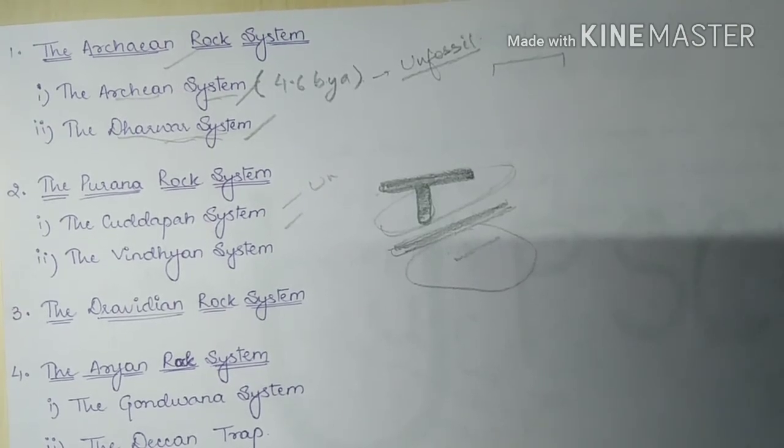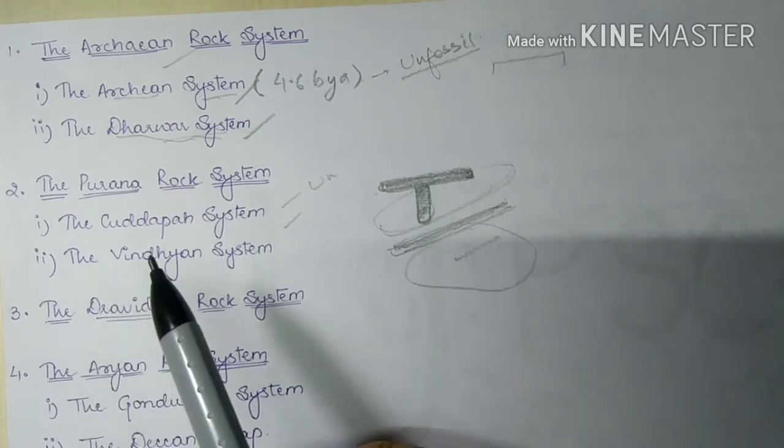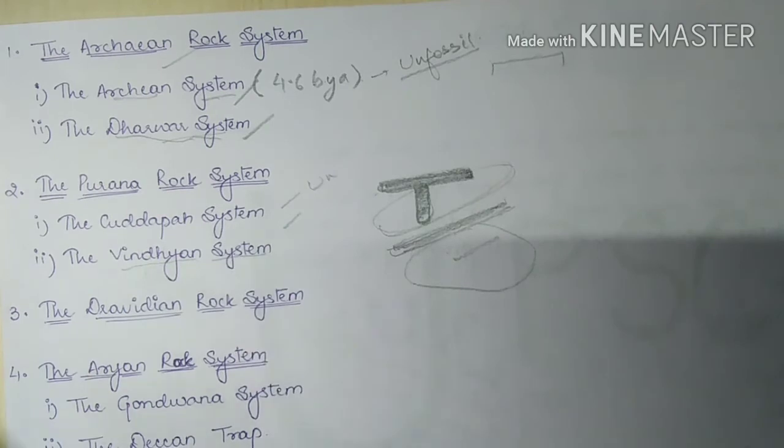And an interesting fact: many historical buildings like Qutub Minar, Humayun's Tomb, Fatehpur Sikri, Agra Fort, Red Fort, and Jama Masjid were constructed from the red stone that was brought from the Vindhyan ranges.